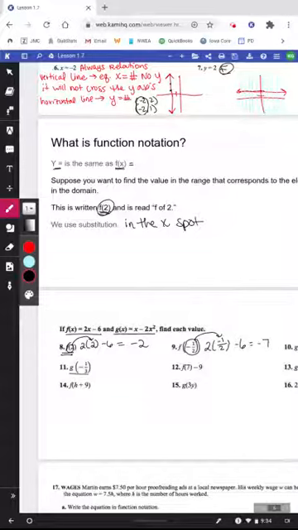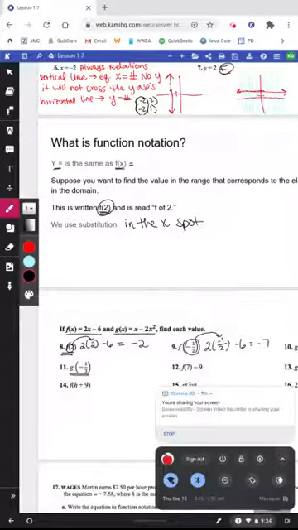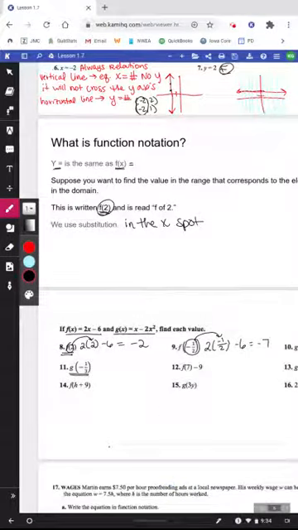On this one down here, they're asking me to substitute in -1/3 into my g. So instead of starting with an x, I'm going to start with -1/3 minus 2, open. I'm going to put in -1/3 again, squared.